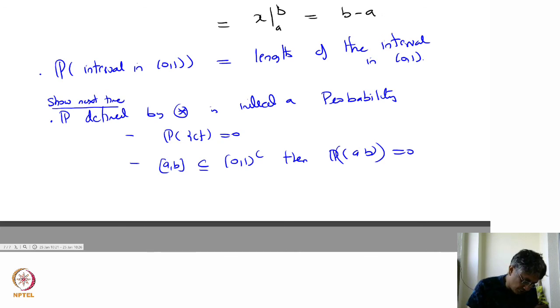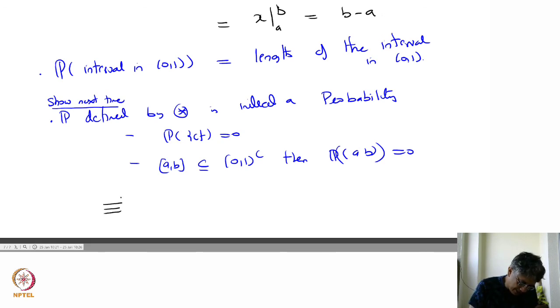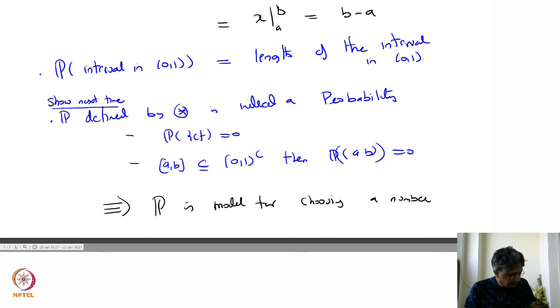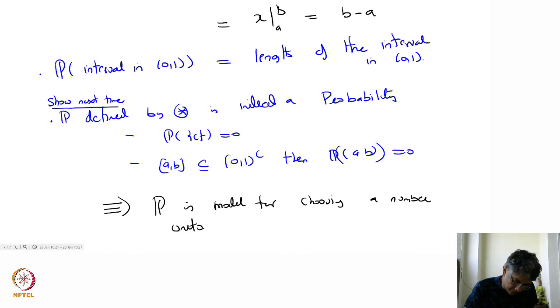And once I show these two things, this will imply that P is a model for choosing a number uniformly in 0, 1.